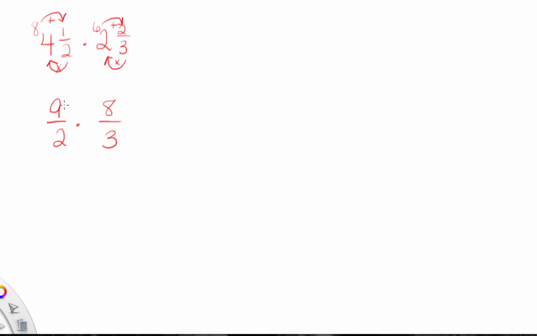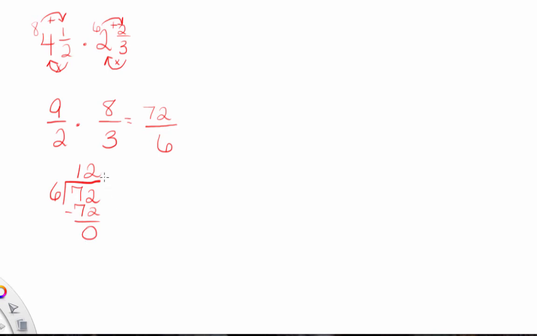So I'm going to do it the way where we multiply first, and then we'll simplify at the end. So I'm going to go ahead and multiply my 9 times 8 and get 72. And then I have 2 times 3 and I get 6. And this is an improper fraction, so I'm going to need to divide. 72 divided by 6. 6 goes into 72 12 times. 6 times 12 is 72.